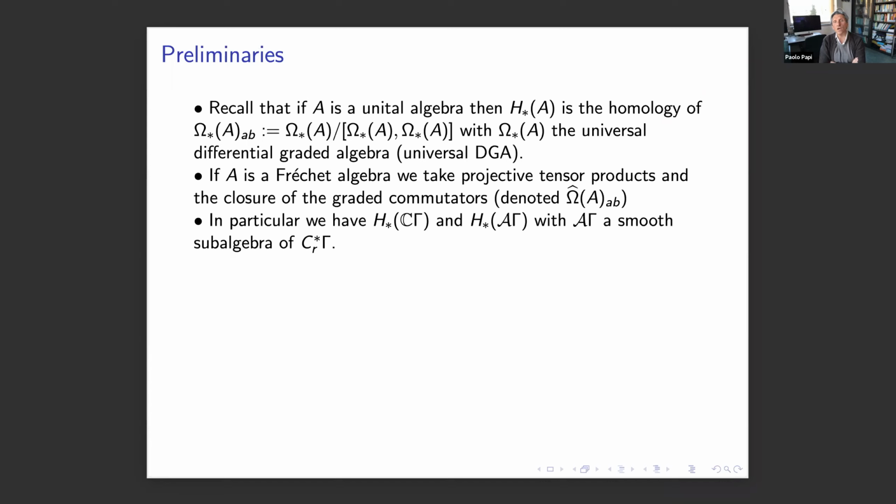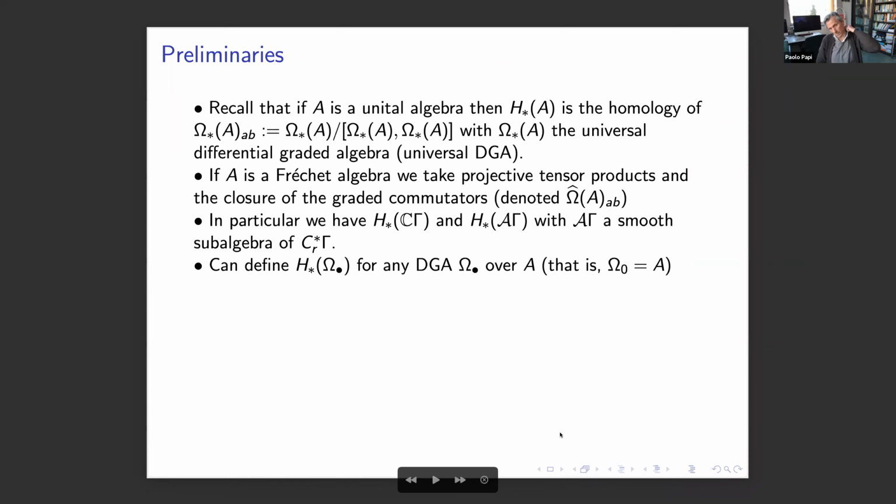In particular, you have the non-commutative de Rham cohomology of the group algebra, or for that matter, of any smooth subalgebra of the C-star algebra. Okay. So basically the first line gives you the definition of the non-commutative de Rham cohomology.